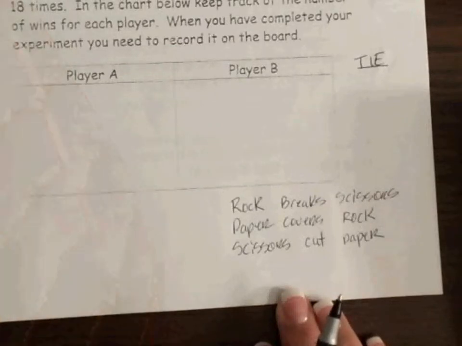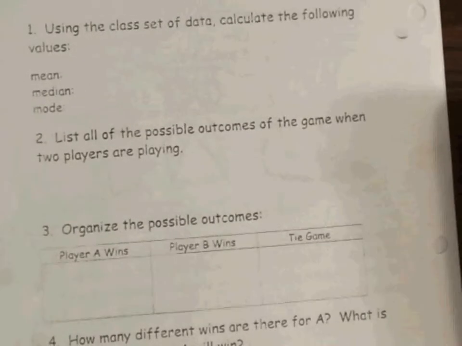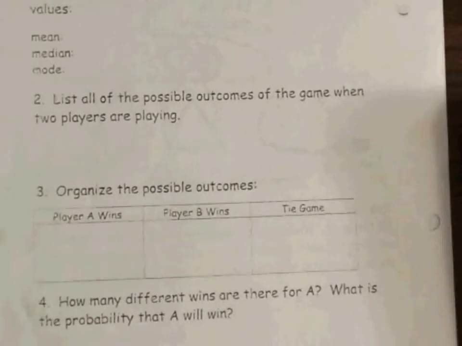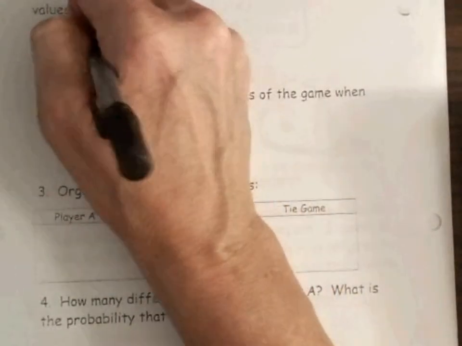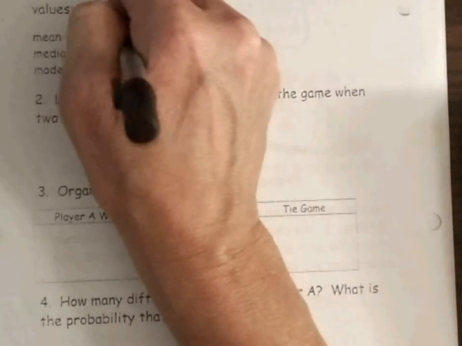Okay, so you should be back from playing rock, paper, scissors and have recorded your findings. Now we're going to use the class data to calculate the following. The mean. Mean is the average. We can't do that because we don't have a class.